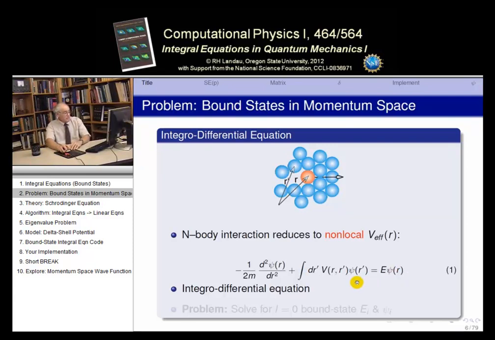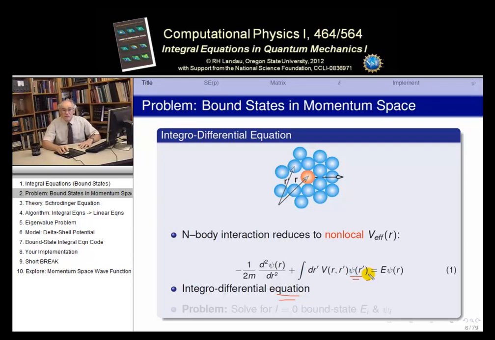Okay, what does it have going for it? Well, it has a differential part here, second order differential in the wave function. So it's a differential equation. But then it has an integral. So it's an integral equation as well. And why is it an equation? Why is it not just evaluating a function by integration? Well, the answer is because we're integrating over psi of R prime, but psi as a function of R or R prime is what we don't know.